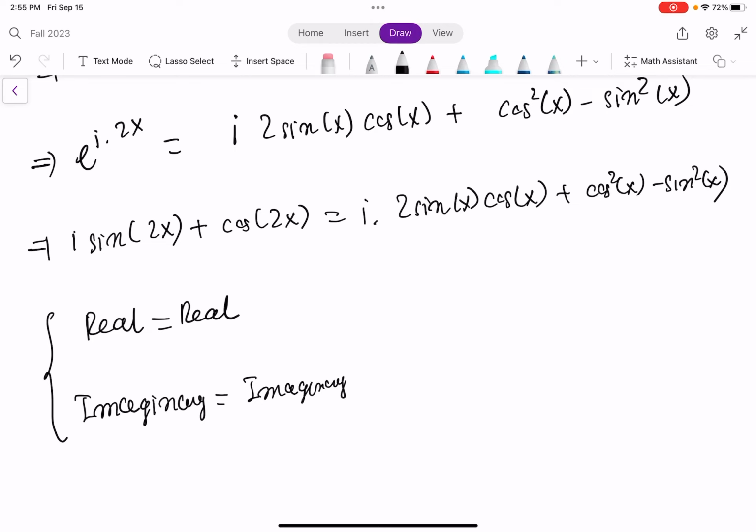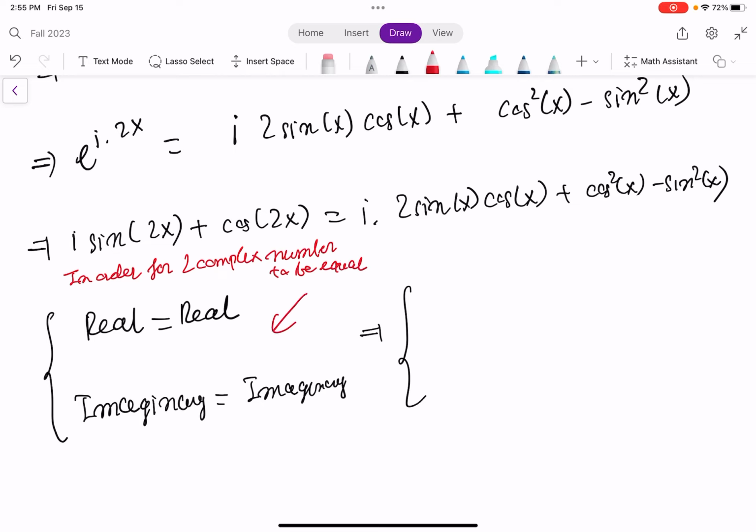So what's the real part? The real part is cosine, right?